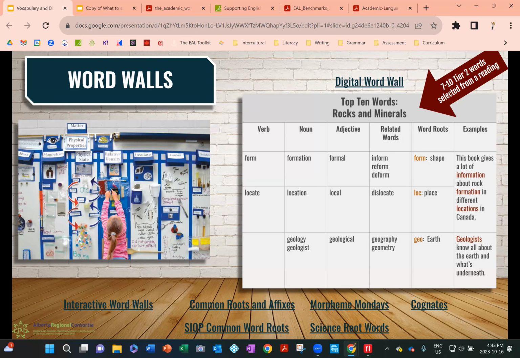So cognates are words that sound similar and have a similar meaning. There are also false cognates, where you may have words that sound similar but mean different things. So have discussions with students: is this a word that you've seen in your language at all? And what might it mean in your language as well?